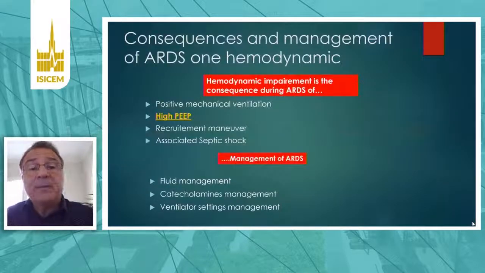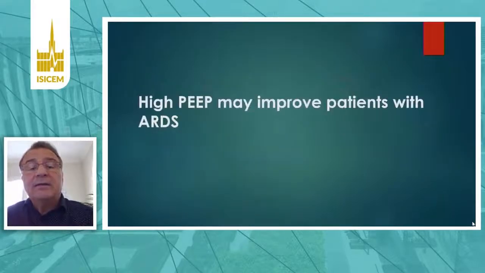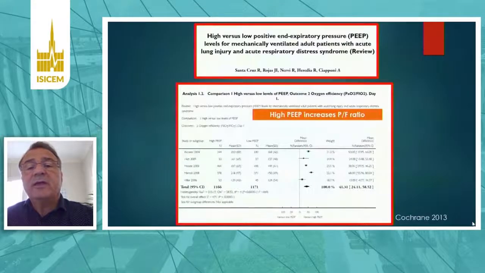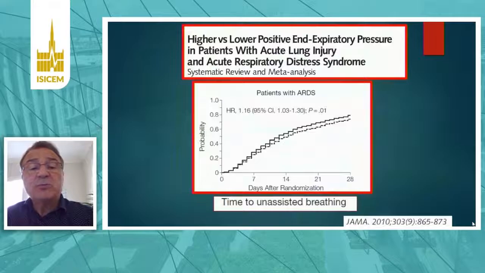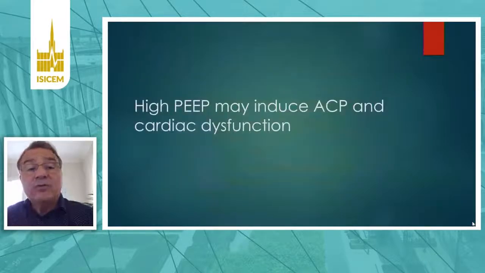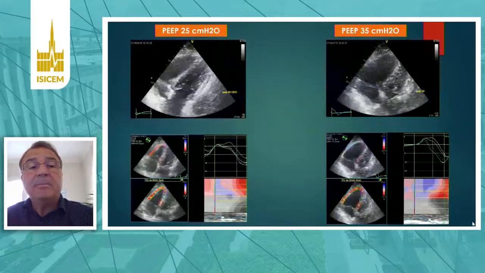High PEEP may be involved as well in this phenomenon. Usually PEEP improves patients with ARDS by increasing the PF ratio, by decreasing the time to unassisted breathing. But unfortunately, high PEEP may induce a right ventricular dysfunction.